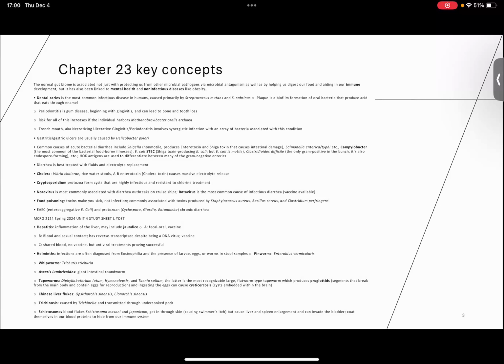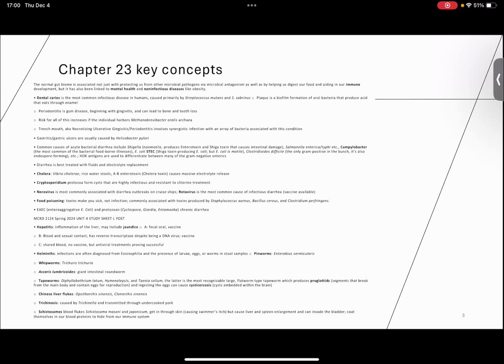Cholera is another type of diarrheal disease. It is caused by a bacterium, Vibrio cholerae. It's a comma-shaped bacterium. It leads to rice water stools. Quite literally, the stool itself would look like rice water, clear whitish in color. And this is a result of the A and B enterotoxins produced by the bacteria.